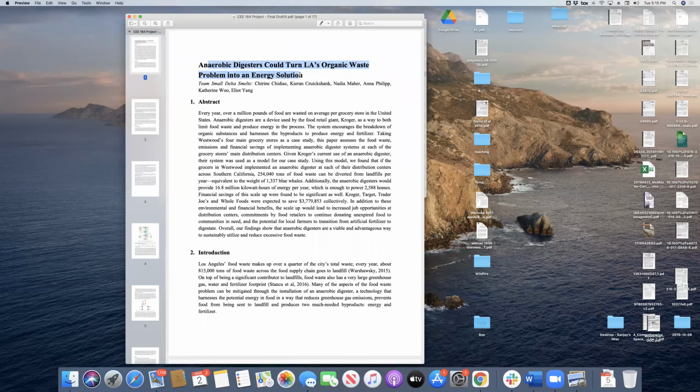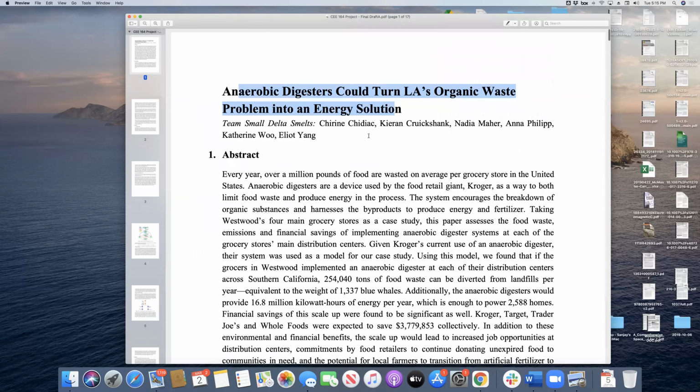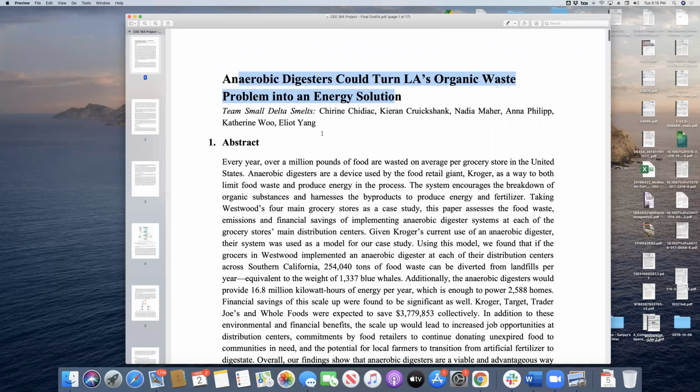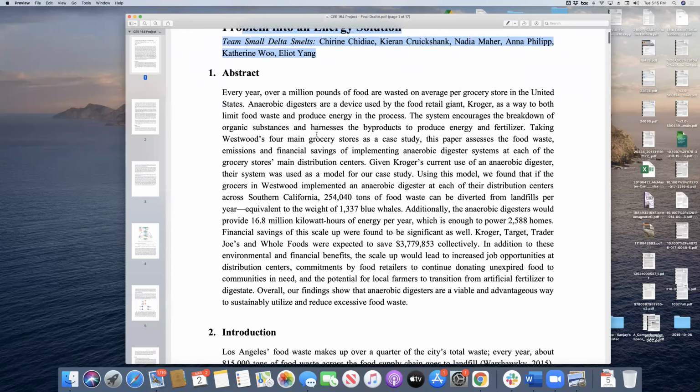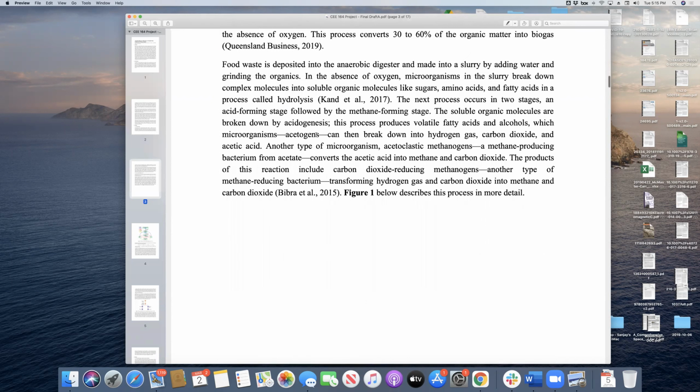An anaerobic digester could turn less organic waste into energy solutions. I know that one group is working on food waste to energy. So that's kind of similar, but they are specific about a specific type of food waste. You can see their projects.